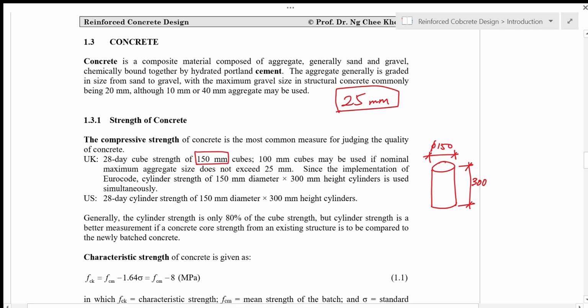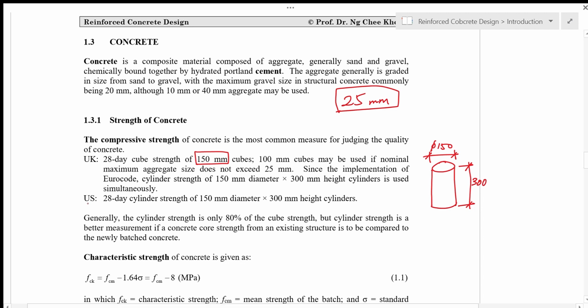This type of cylinder will be used to determine the strength of the concrete as well. But in Malaysia, we mostly use 150 mm cubes. Bear in mind that there is a conversion of cube strength to cylinder strength. We'll see later on in the lecture.